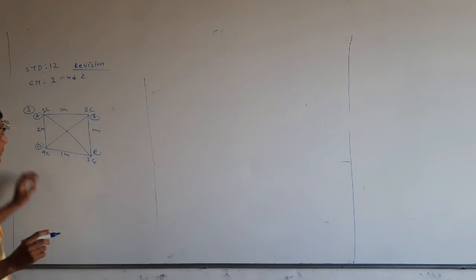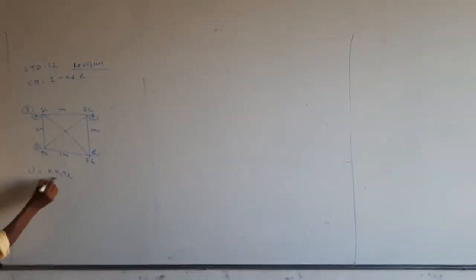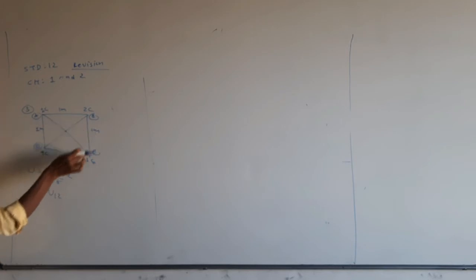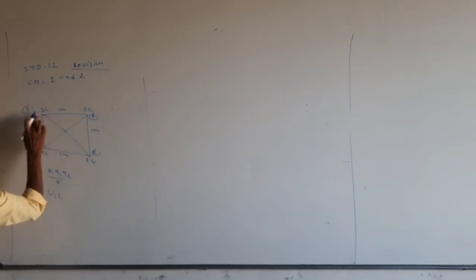Now, what is the generalized formula? U is equal to K Q1 Q2 upon r. That is the generalized formula for potential energy. So see your potential energy between charge 1 and 2. You can take A, B, C, D as 1, 2, 3, 4, that will be easy for you.